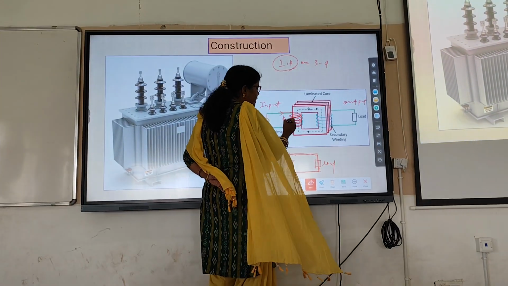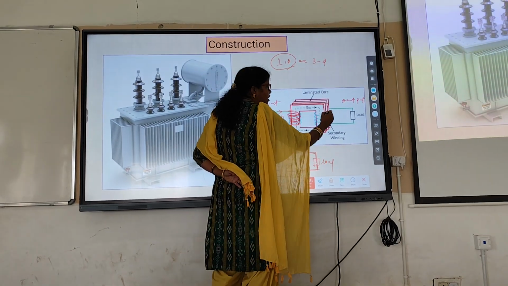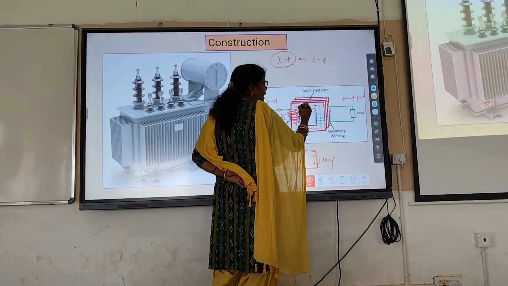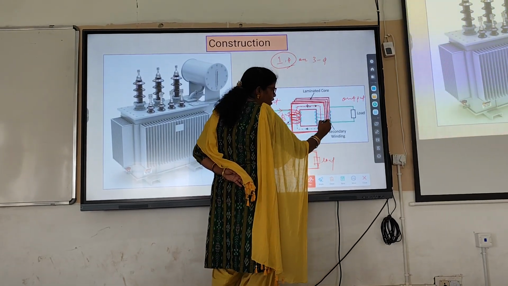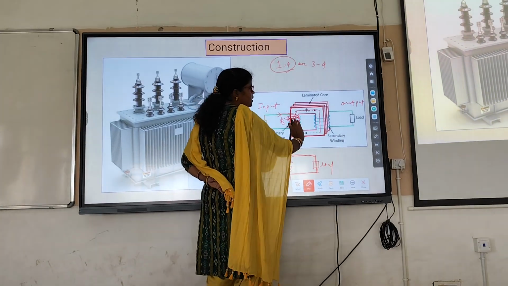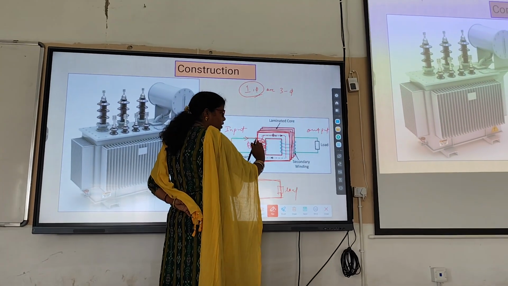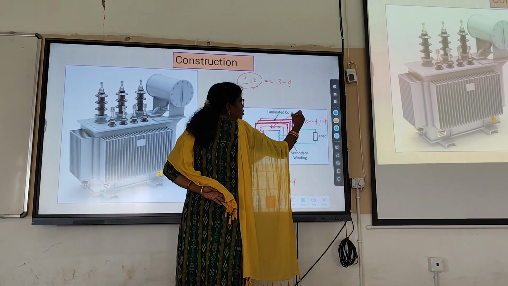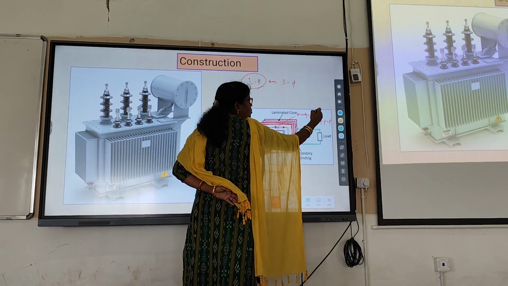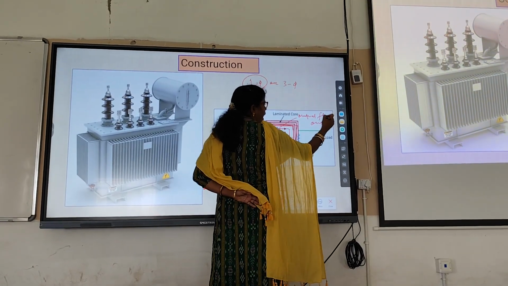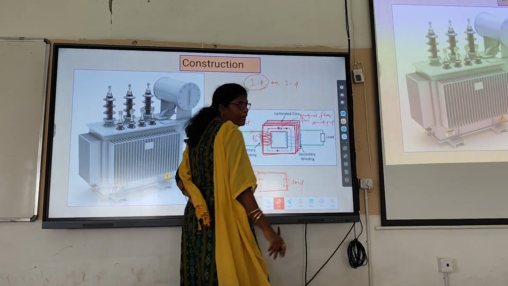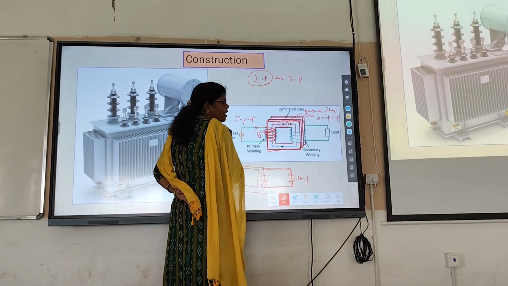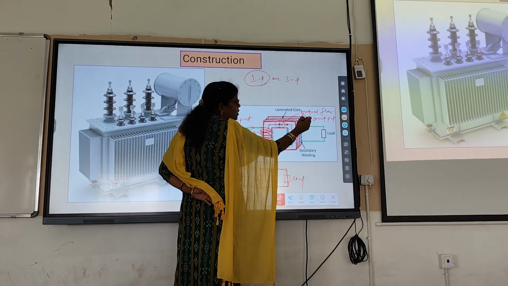Since the core is an iron or conducting part, this flux is commonly shared with the secondary side. Am I clear? Or any doubt? If you have doubt, again I can explain. This flux is your mutual flux and noted as phi m.